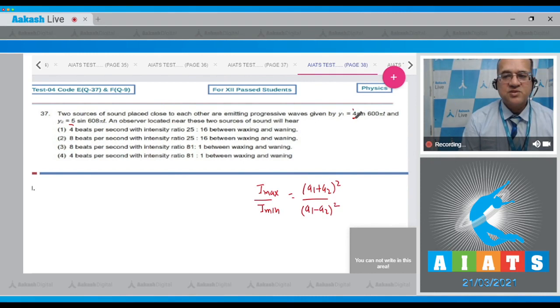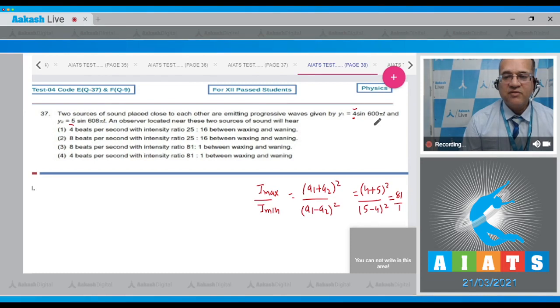And see, one amplitude is 4 and the second amplitude is 5. So this becomes (4 plus 5) squared divided by (5 minus 4) squared, and that comes to be 81 by 1 as the intensity ratio for maximum to minimum, called waxing and waning.